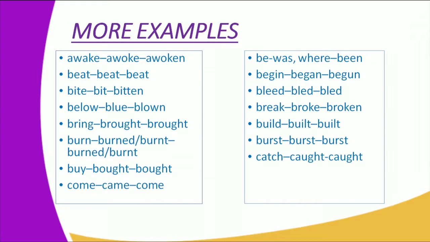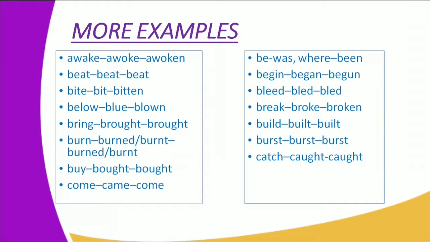Next, we have buy, and the past tense is bought, and the past participle is bought. Come, past tense is came, past participle is come. Past tense of be is was, and past participle been. Begin, past tense began, and past participle begun.